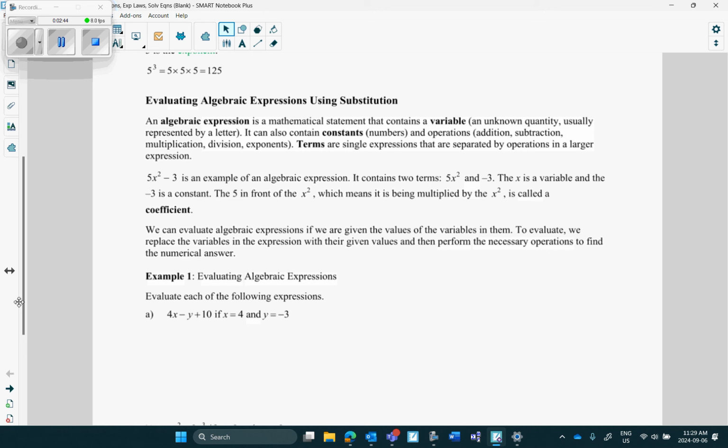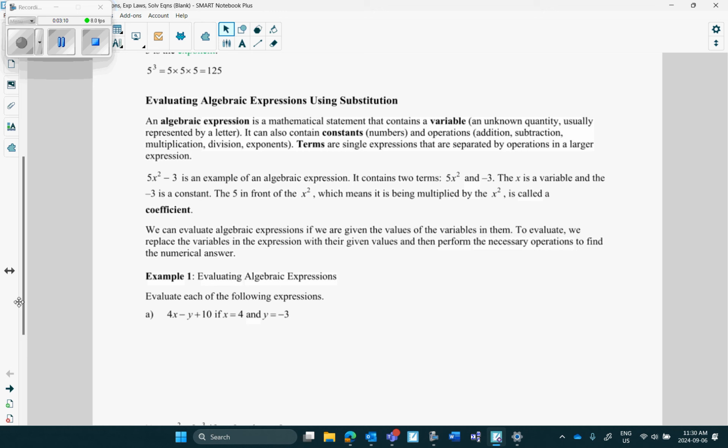One of the terms is 5x squared. The other term, you've got to take the negative with it, minus 3. X is the variable. Negative 3 is the constant, because it's by itself and doesn't have a variable attached to it. The 5 that's in front of the x squared, which means these two are being multiplied, we call a coefficient.